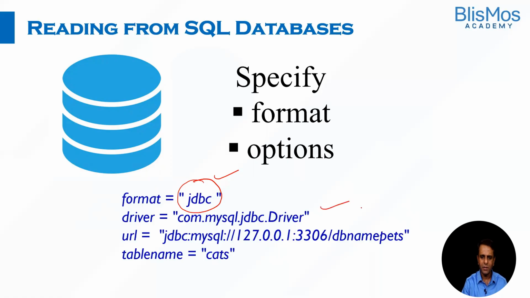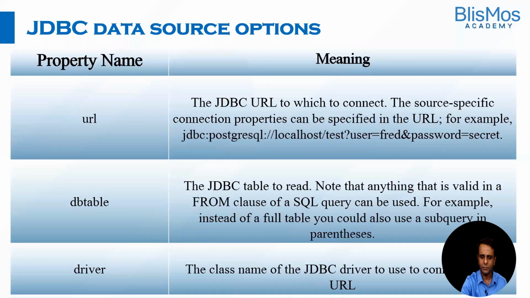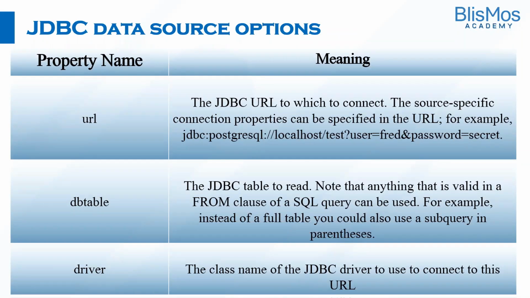And the second thing is we need to provide the driver, the URL and the table name. So, the format we need to provide, and these are the different options we also need to provide to read the data from databases. As we have different options in CSV and other file formats, we do have options when we want to read the data from different databases.